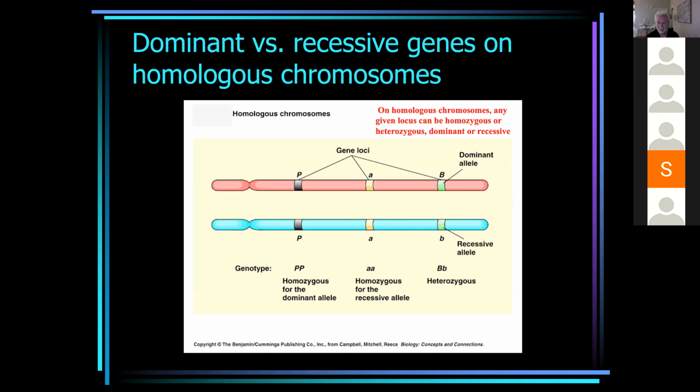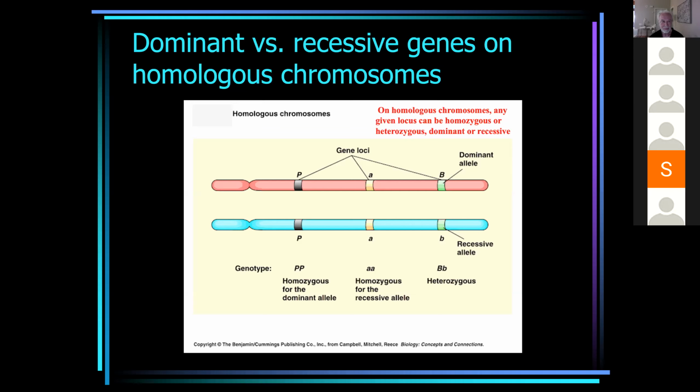And I'm sorry, Professor. Did you mention the standard notation for a capital letter to be the dominant and a lowercase letter to be the recessive? No, I didn't. Why don't you elaborate on that? Okay. Well, there's really not much more to be said. There is standard notation or some basic rules that get followed. First off, when you're assigning codes, you can assign any letter code that you choose for a particular trait.